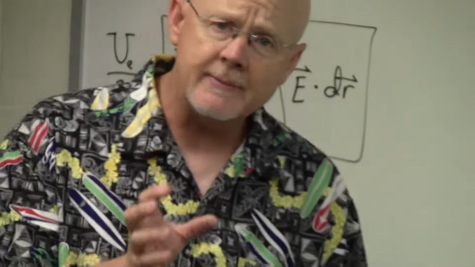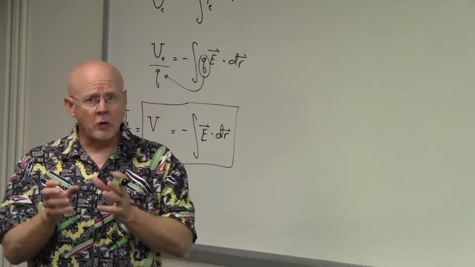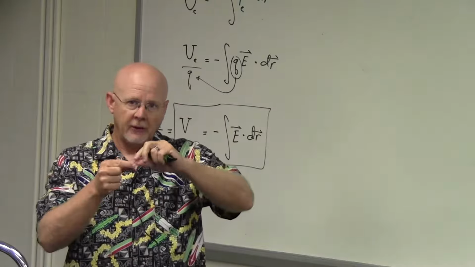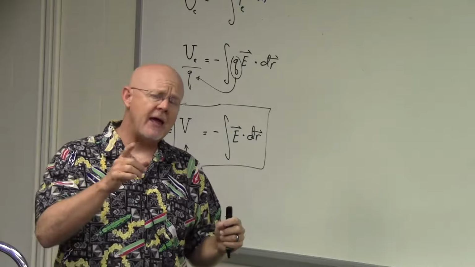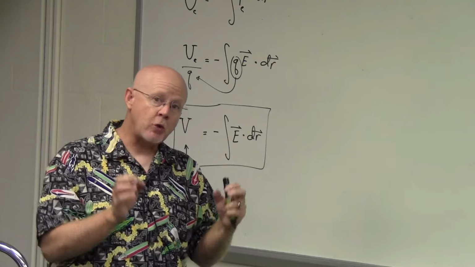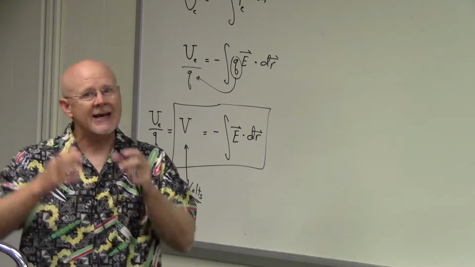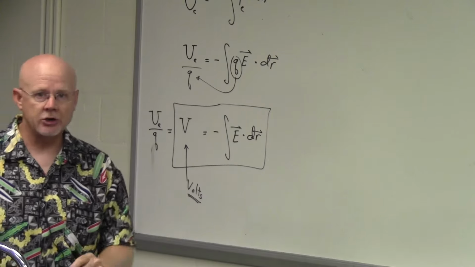What that really means is if 1 coulomb of charge would move from the negative terminal to the positive terminal, that would be 12 joules of energy, because 12 volts means you get 12 joules of energy for every coulomb of charge.